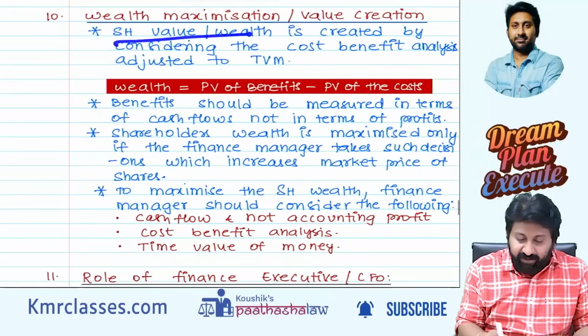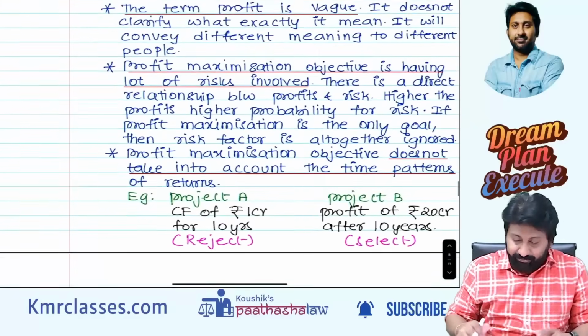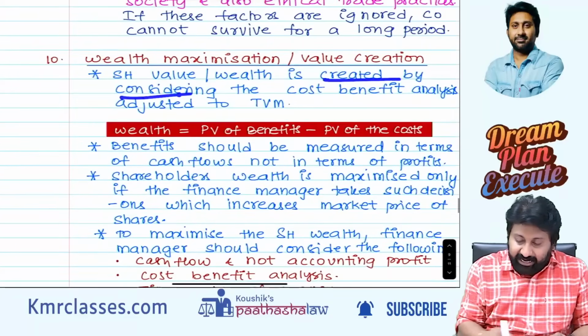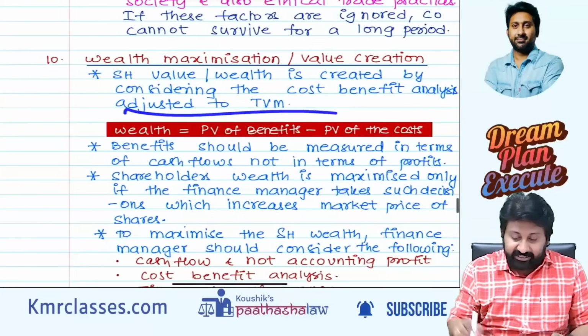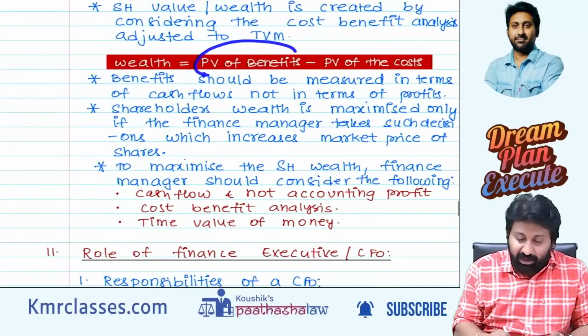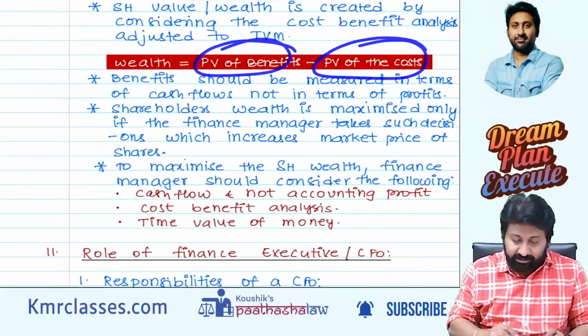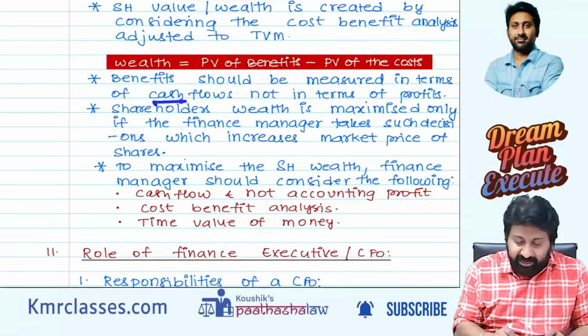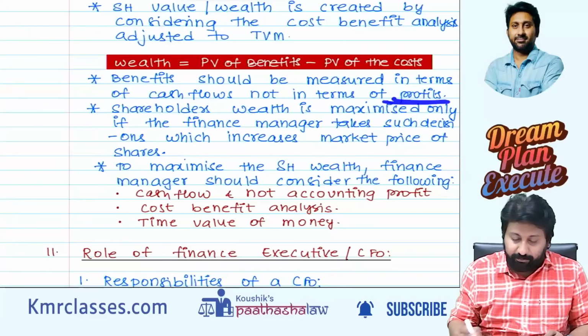Shareholder value means the market value is created by considering cost-benefit analysis adjusted to TVM, simply NPV: present value of benefits, present value of costs. Benefits should be measured in cash flows, not in terms of profits.